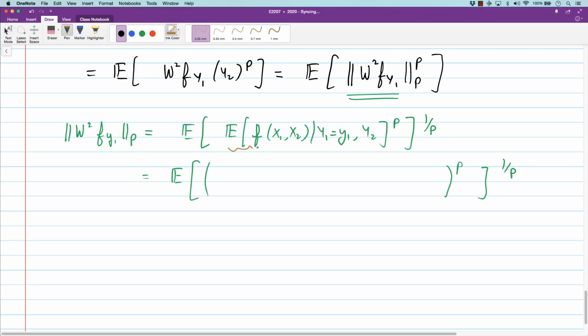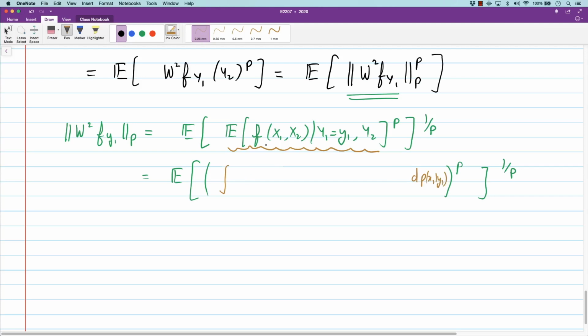It is over x1 and x2, but let's look at the expectation over x1 part. This is the conditional expectation. This is notation for convenience so that things become explicit. This is the conditional distribution given y1 on x1, and it doesn't depend on y2 because of independence.